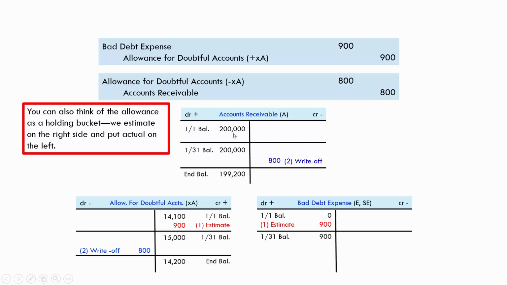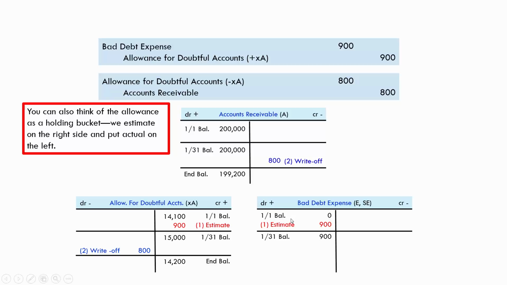Our total accounts receivable is $199,200, a debit balance. This is the offset to it. So when we prepare our financial statements, we cannot just say we have accounts receivable. We also have to put in there our allowance for doubtful accounts to reflect the reduction, our estimate of how many of those accounts receivable we will not be able to collect.